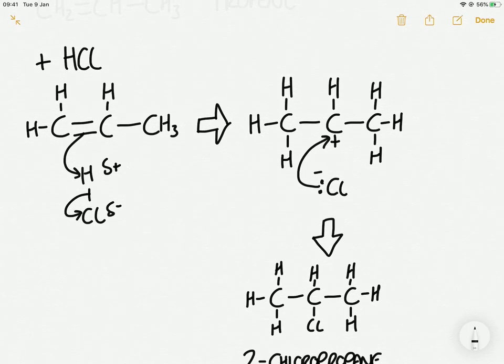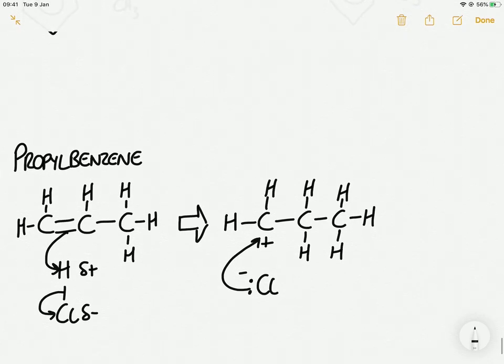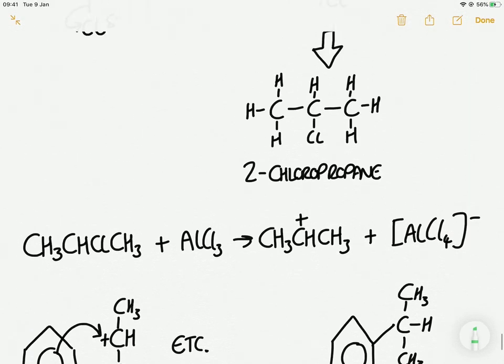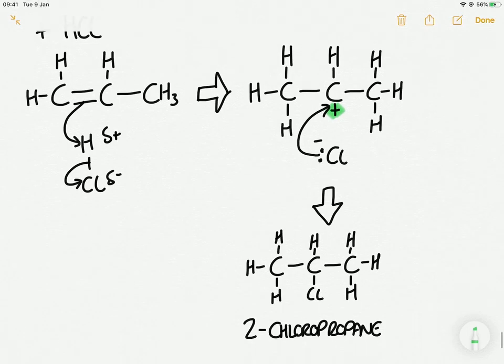That positive charge is spread over 2 carbons, 1 carbon on either side, instead of being located at the end of a molecule. So there it is at the end, less stable. There it is in the middle, more stable.